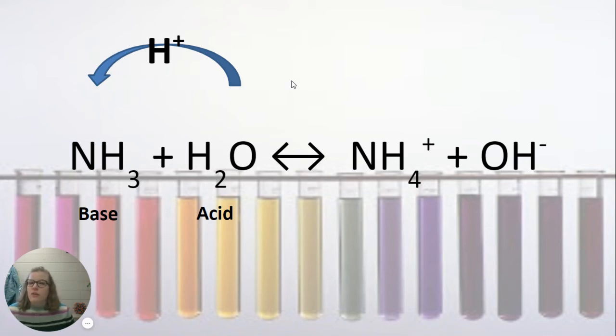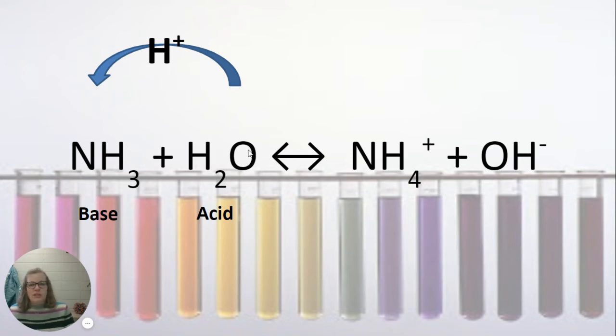And I said before that acids have a higher than normal H plus concentration and bases have a higher than normal OH minus concentration. Well, if you look initially at NH3, you would say to yourself, I don't see any OH. How could this be basic? What happens is it will take the hydrogen from the water and then it will leave the water as an OH minus.